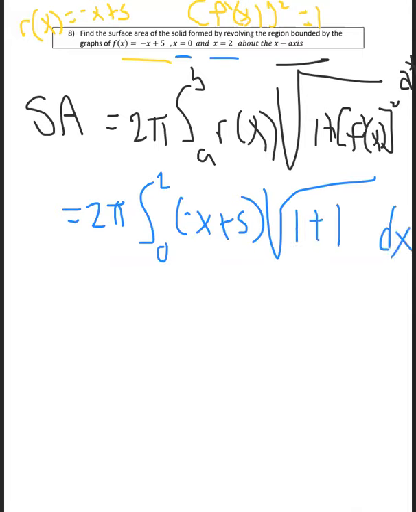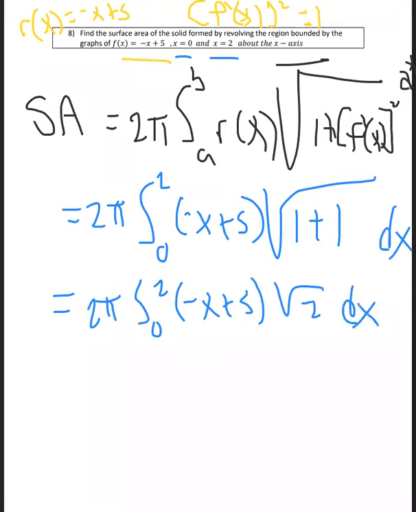There's not going to be a lot of problems this easy, because notice how it just becomes radical 2, and it's very easy to integrate from there. But at least for this one, it was pretty straightforward. So this becomes from 0 to 2, keep the negative x plus 5. This is a radical 2. Remember what I said about numbers? Radical 2 looks weird, but you can just move it to the front. So this is really just 2 pi radical 2.